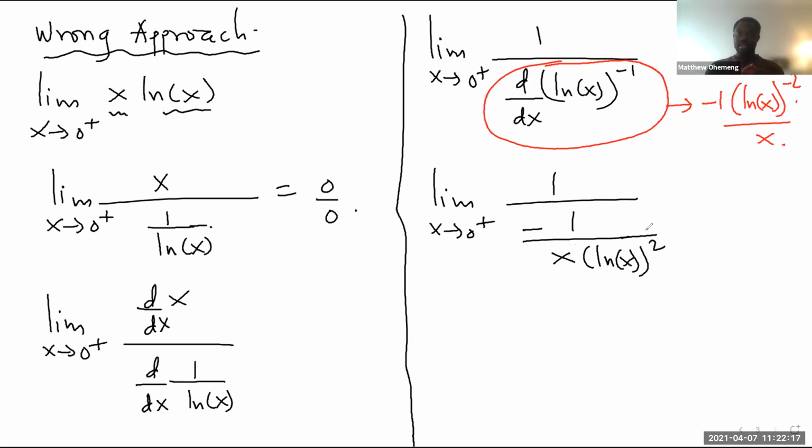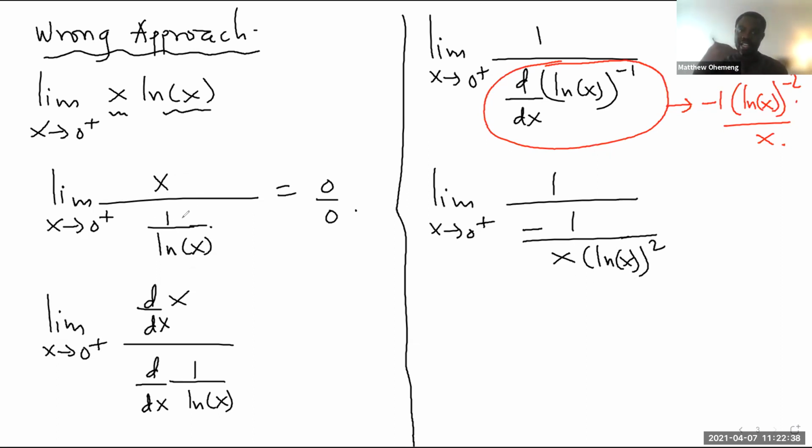But the thing is, this expression you have here is more complicated than what you started with, right? We started with this, the x over 1 over ln of x. Now the ln of x down here is even squared. That means it's much worse than what we started with, right?